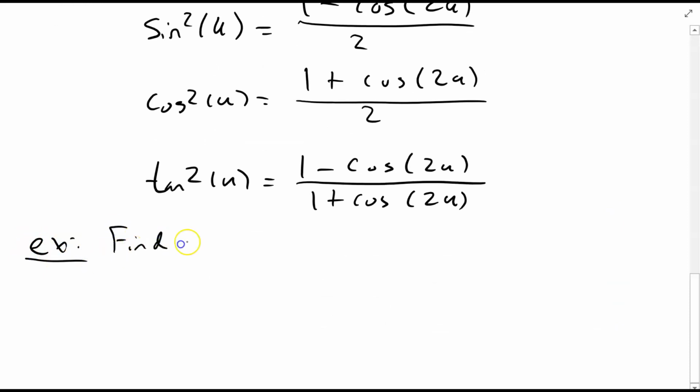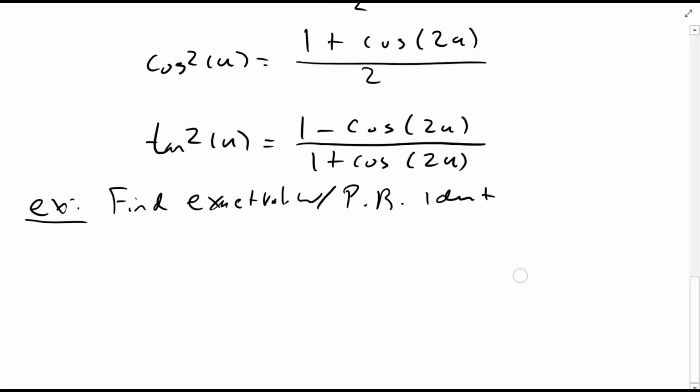So let's do a quick example where we find the exact value of this trig function using a power reducing identity. Let's say we want to find sine squared of 3 pi over 8.